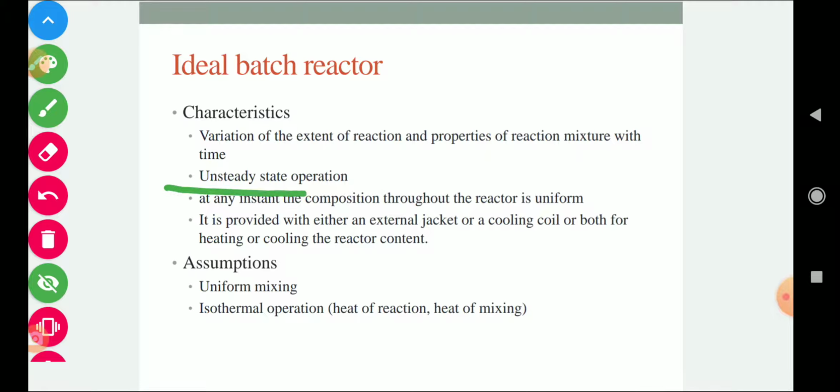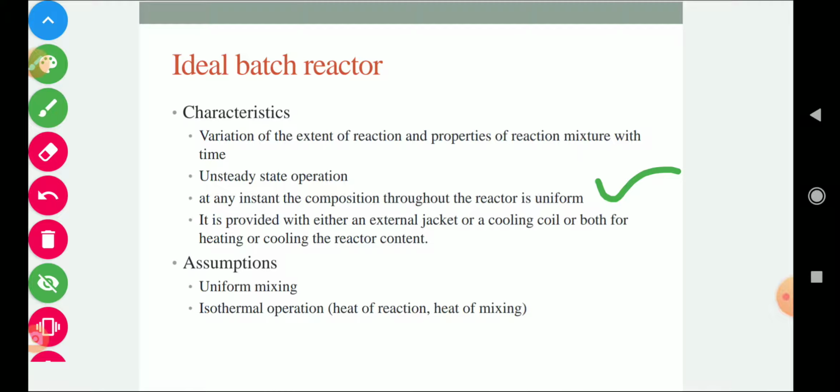This is unsteady state operation because the temperature and composition is changing with respect to time, or if we have an isothermal operation, in that case the concentration changes with respect to time. At any instant the composition throughout the reactor is uniform. The composition is changing with respect to time, but at a particular time the composition is uniform throughout the reactor.